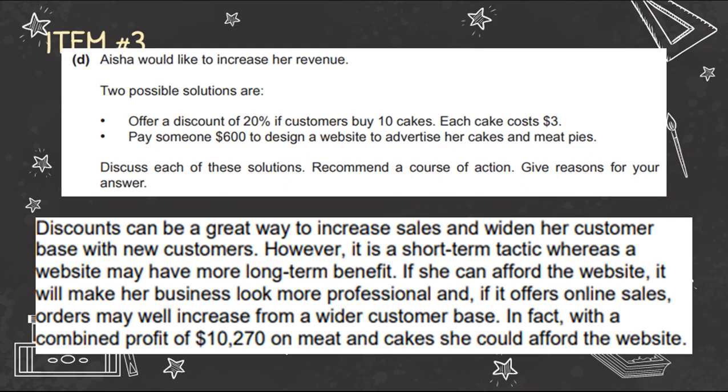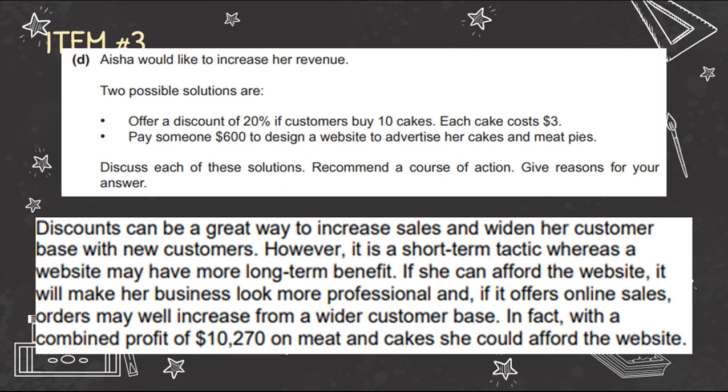So if you're going to analyze, discounts can be a great way to increase sales, and it will be good for customer satisfaction because there's a discount, and it widens her customer base with new customers.